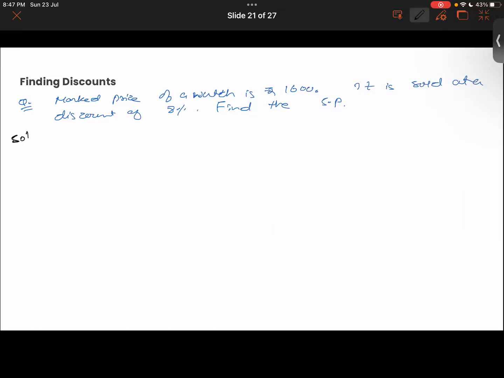Okay, solve this one. So as usual, first you guys will write whatever is given in the question. So MP is given over here. And discount, is it discount or discount percent given in the question? Eight percentage. Yeah, so write them and start solving it.